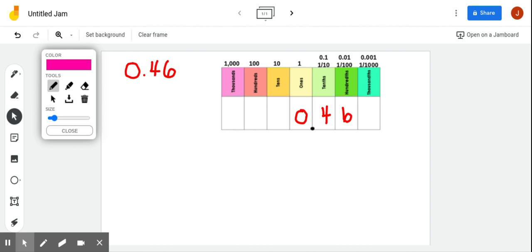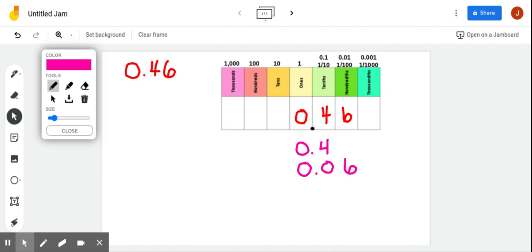So in this number, 46 hundredths, the 0, I don't have to even worry about that. Some students like to include it. You don't have to. I'm going to start with the 4. That 4 in the tenths place is 4 tenths. The 6 in the hundredths place is 6 hundredths.